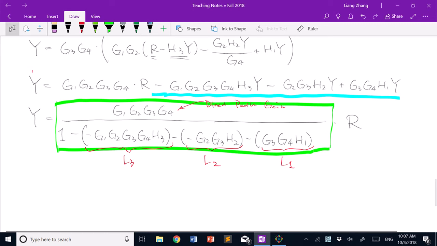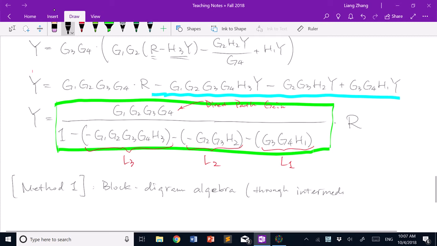Basically, let us summarize. Method number 1 is through what we call the block diagram algebra. This is through the intermediate signals.